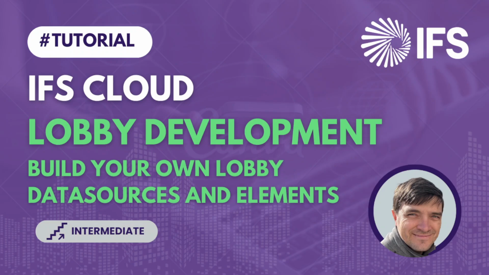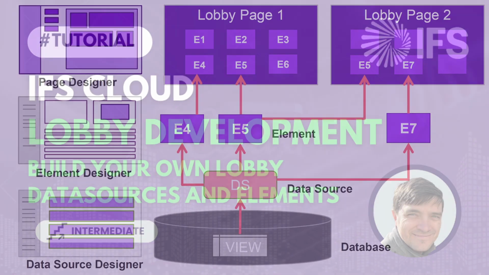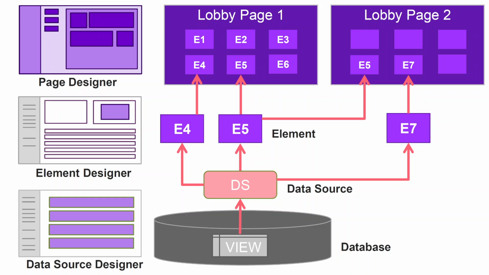a lobby page. But before going into the system, just a small recap of the foundational steps of any lobby page. We will see how to create a data source, which is basically just querying the view in the database.